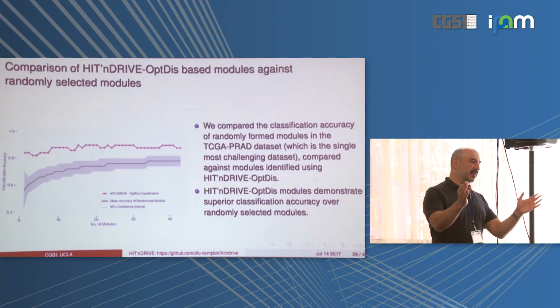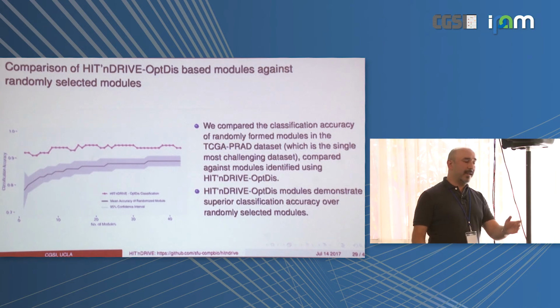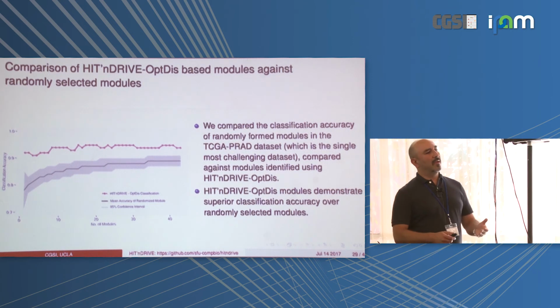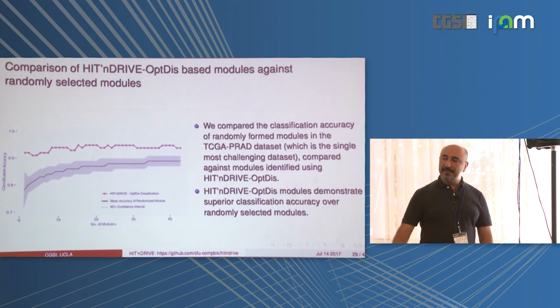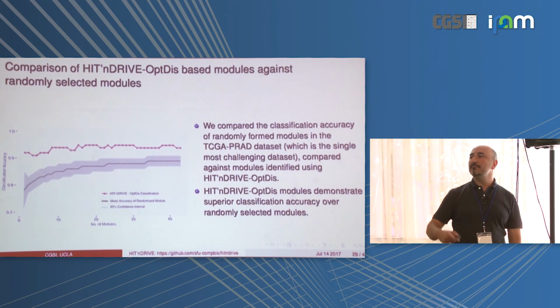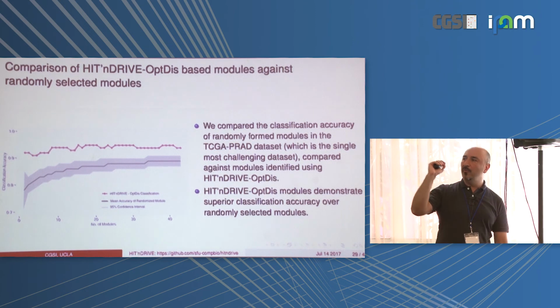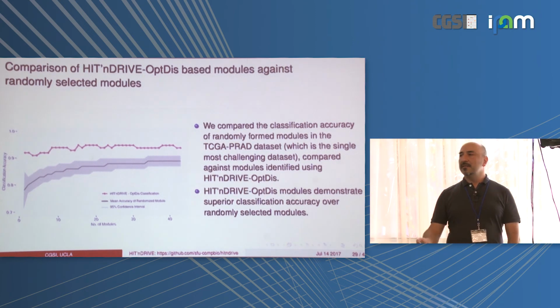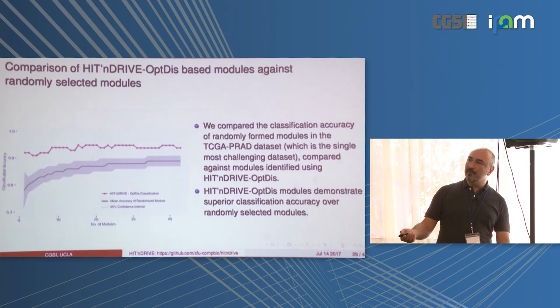We compare against our classifier, which uses just the modules seeded by our drivers, one module per driver which best associates with the phenotype. So in comparison, we are doing well.